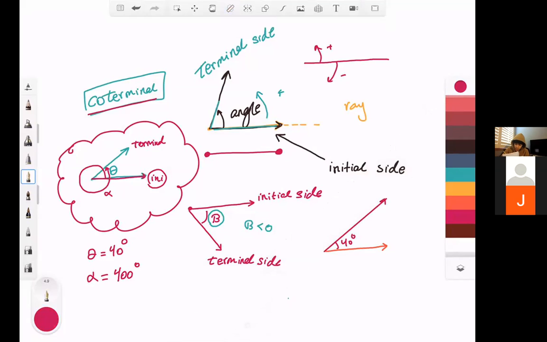If I want to make 400 degrees, this is theta. Now I'm going to make alpha, which is 400. 400 means we're going to go 360 degrees. So this 400 will be 360 degrees plus 40 degrees, correct? So one revolution, and then I go to the 40 degrees. So I will end up with the same terminal side. Therefore, alpha and theta will be coterminal. That means they are sharing the same sides.